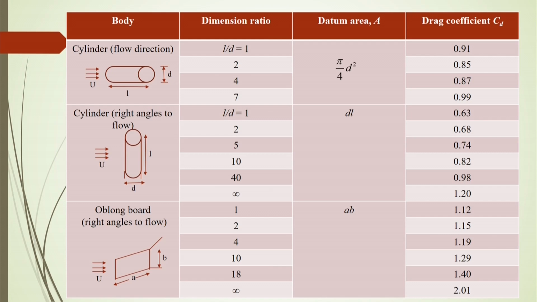Now, you will see in the table as shown here, if you consider the cylinder in the flow direction, then what should be the L and the D here, that is the length of the cylinder and the diameter of the cylinder, and there will be a uniform flow U. So, based on this, if I consider L by D equal to 1, what should be the drag coefficient C D? That will be 0.91.